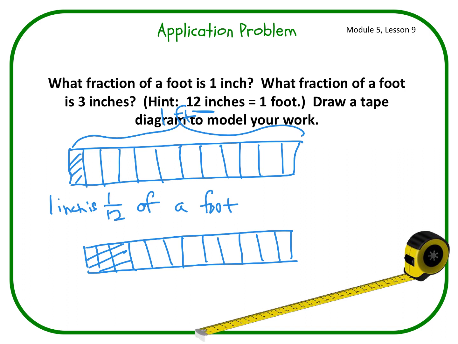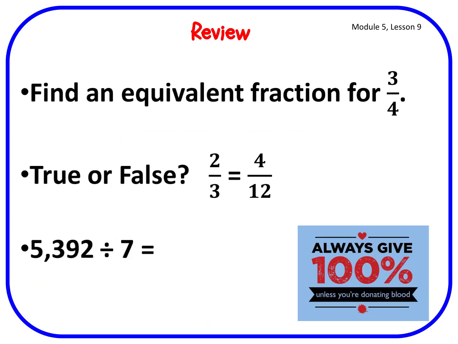And I still have 1, so 3/12. 3 inches is 3/12 of a foot. Alrighty. That was pretty straightforward, I think. We'll get into where you can find the fraction a little bit differently, but we'll get there later.